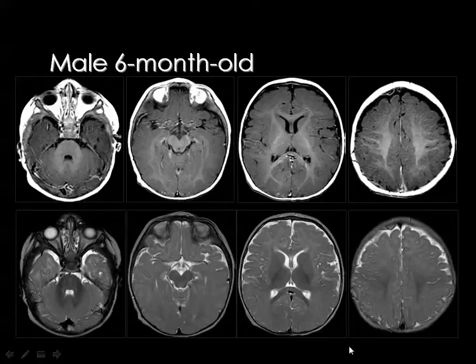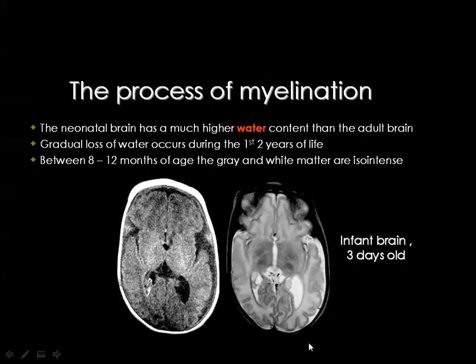Myelin will appear bright in the T1 and dark in the T2 weighted images, and these areas are myelinated, and also these areas in the internal capsule, you remember, in the region of the thalamus, and some of the white matter in the occipital lobe and in the parietal lobes, these are myelinated. They are bright in the T1 and dark in the T2 weighted image.